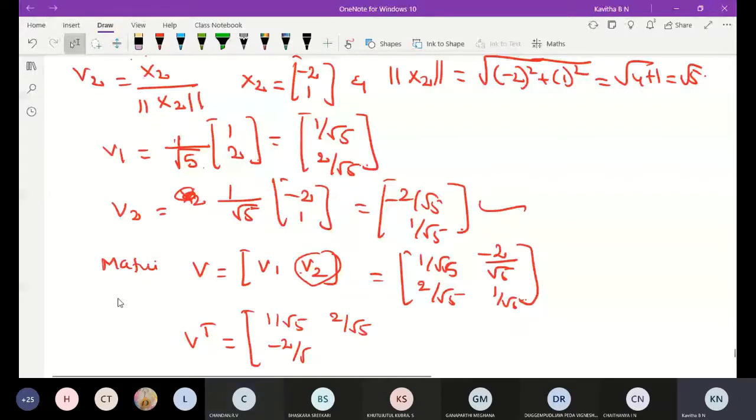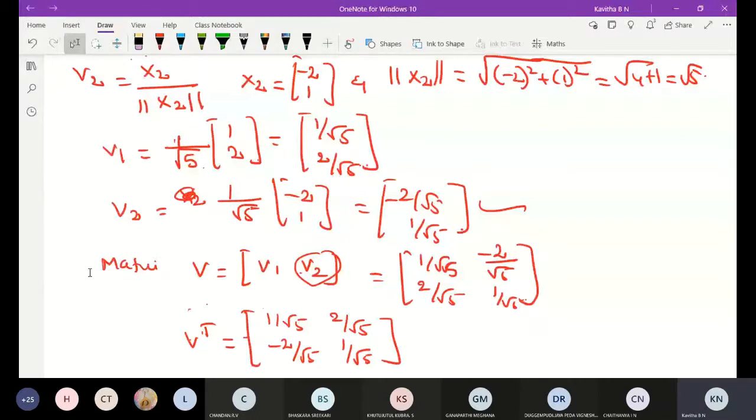Okay, next we need to find the matrix U. Second one, matrix U. Then U is equal to U1, U2. Here U1 is 1 over sigma 1 AV1, U2 is 1 by sigma 2 AV2.